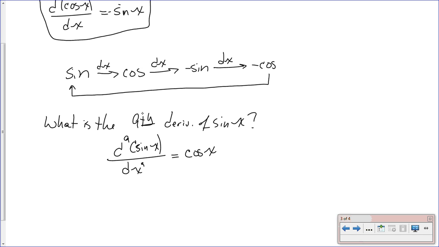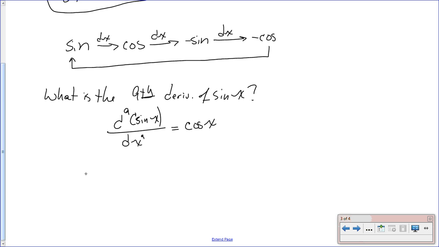That's all fine if you have smaller numbers and you can count, but what if I asked you what the 98th derivative of sine x was? All right, this one you couldn't simply count out, it would take you way too long. All right, so what you do is you do the remainder thing like we did for i's. You take the number, divide by 4, and then whatever the remainder is what you're going to go with.